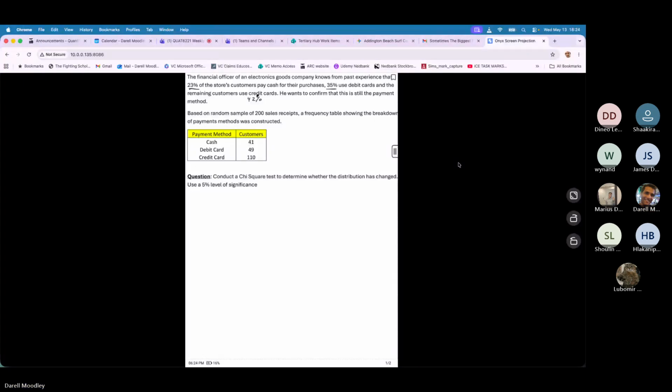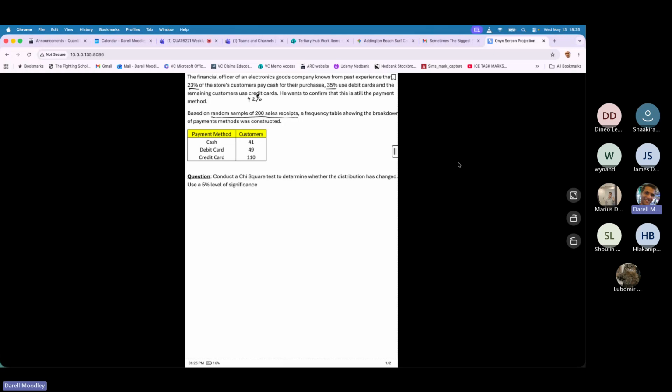That's how it was before. Now, this financial officer wants to confirm that this payment distribution is still the same. So he or she takes a random sample of 200 sales receipts, and from those 200 sales receipts, found that 41 pay by cash, 49 pay by debit card, and 110 pay by credit card.